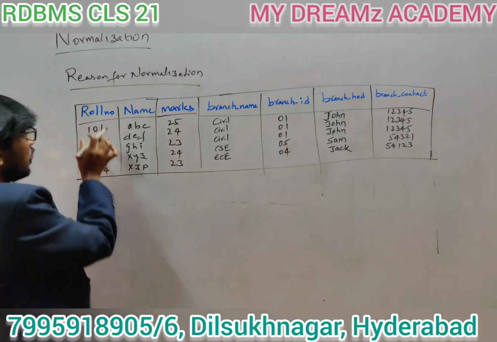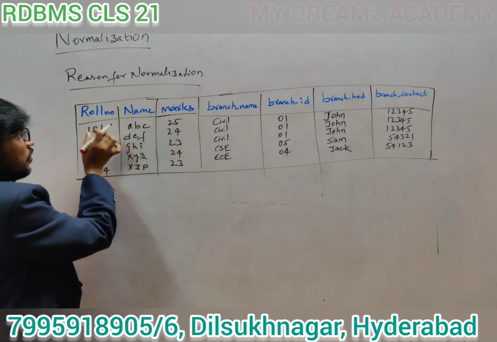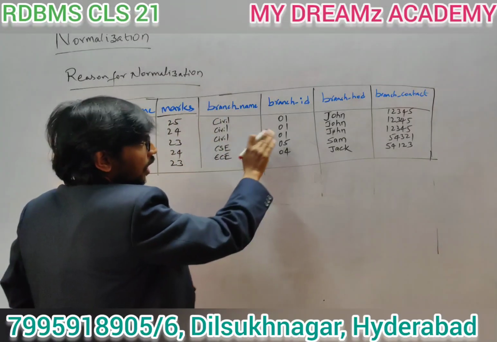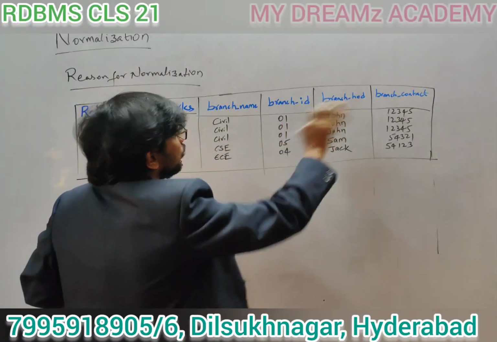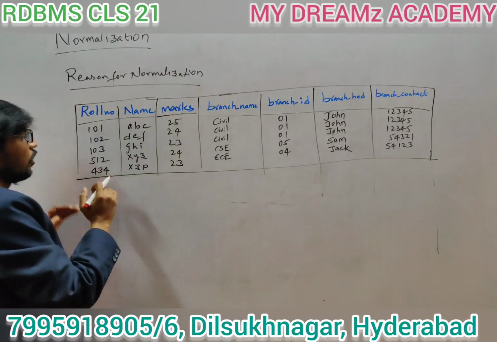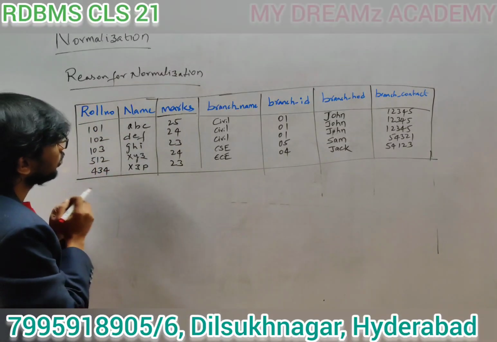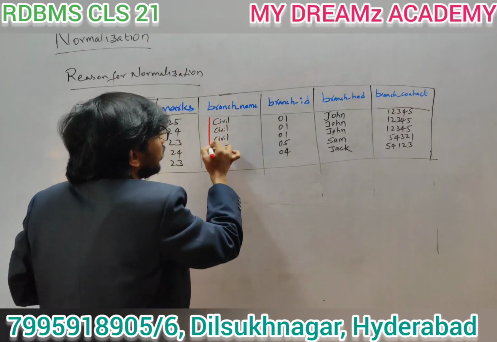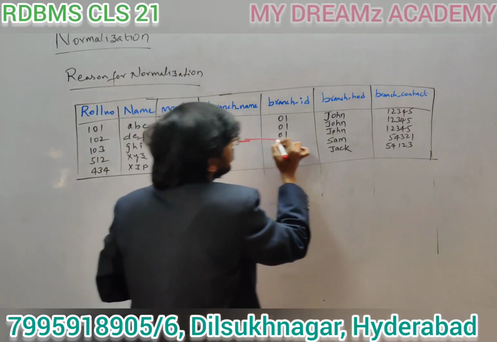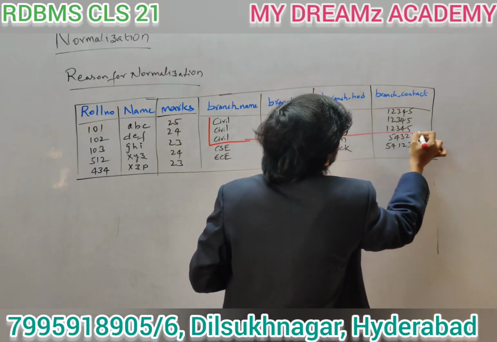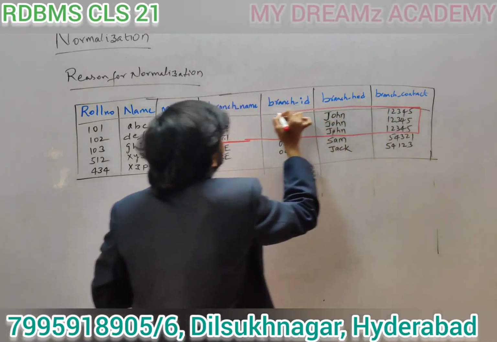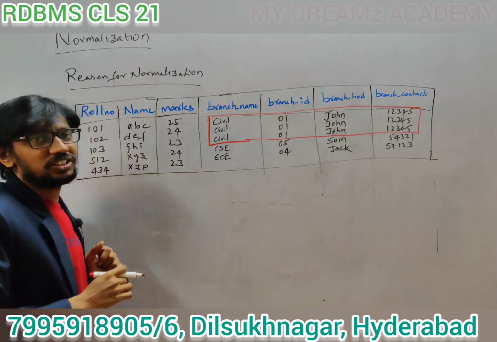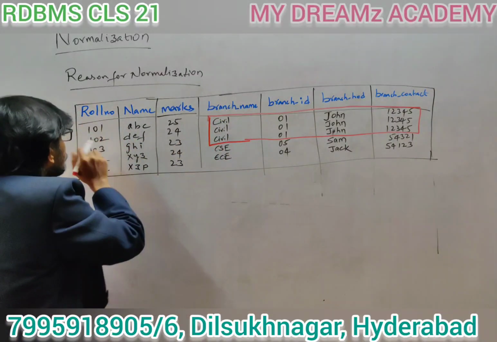See here. So there is a student by name ABC with roll number 101 and he is associated with some branch, civil, and branch ID is 01, John, 12345. Okay, fine. So see here, the problem is that this particular part, if you observe, the same information is getting repeated for all the students.